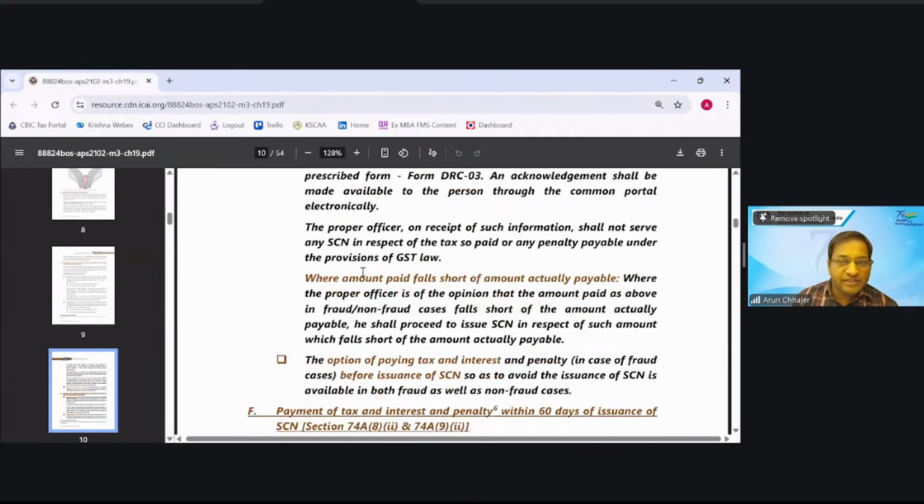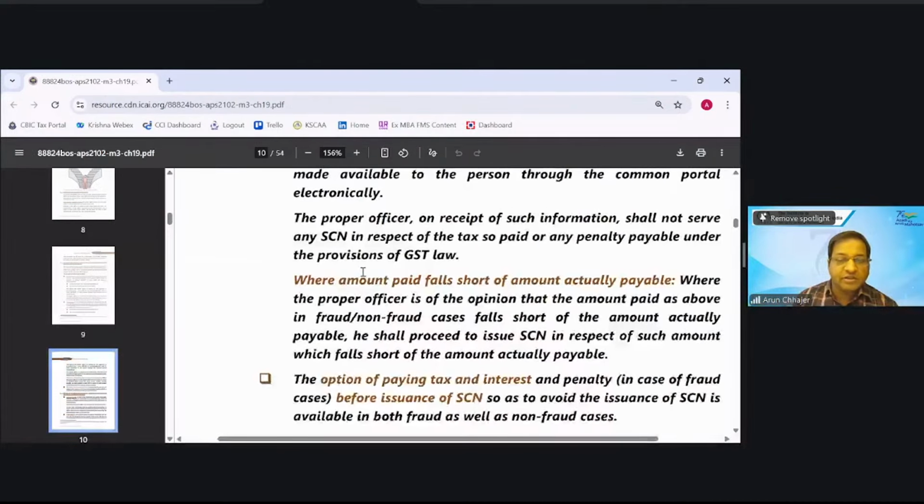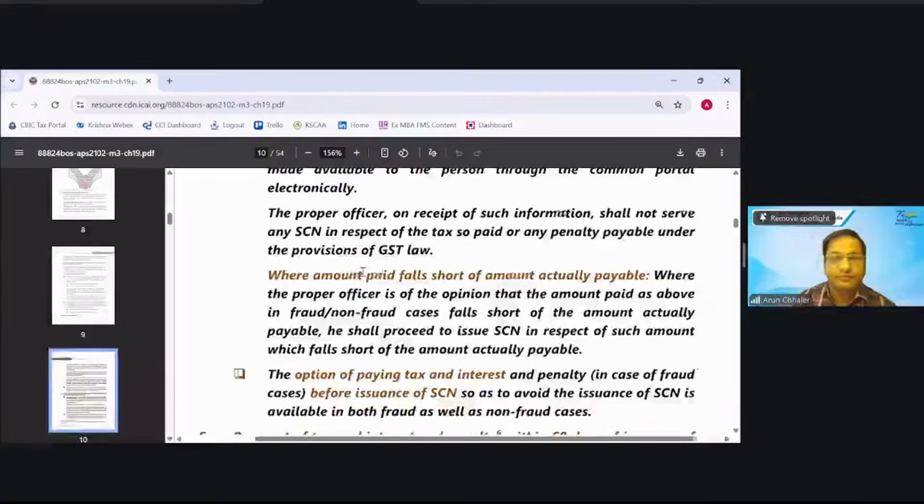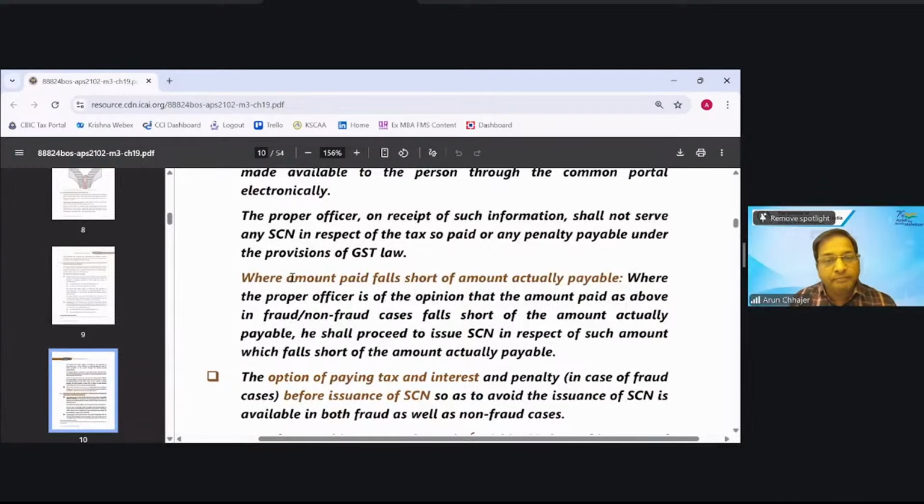The proper officer on receipt of the information shall not serve any SCN in respect of the tax so paid and penalty payable under the provisions of the GST law, where the amount paid falls short of the amount actually payable. 1 लाख का डिमांड था, पेमेंट आपने 70,000 किया. Where the proper officer is of the opinion that the amount is short paid, then he will proceed to issue the show cause notice for the remaining amount, that is 30,000 in our example.